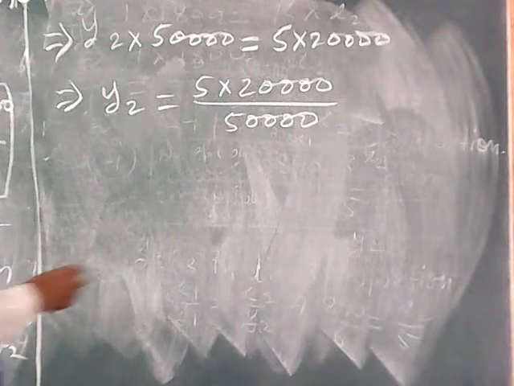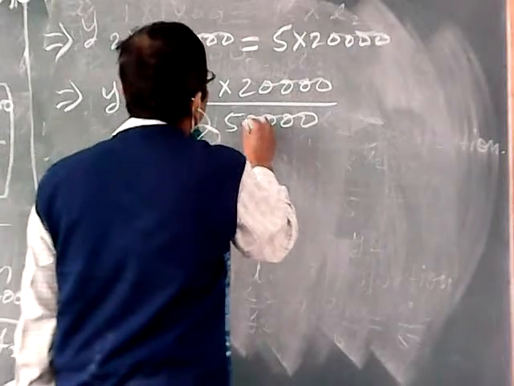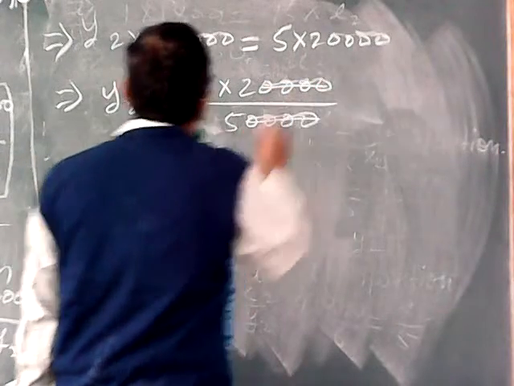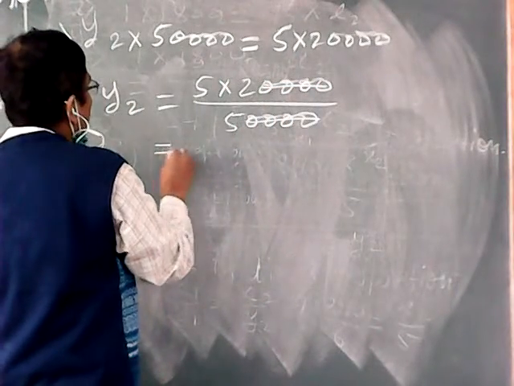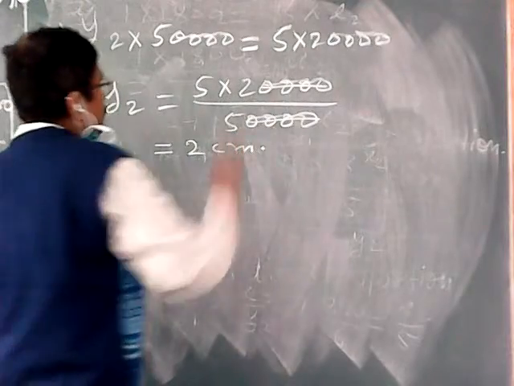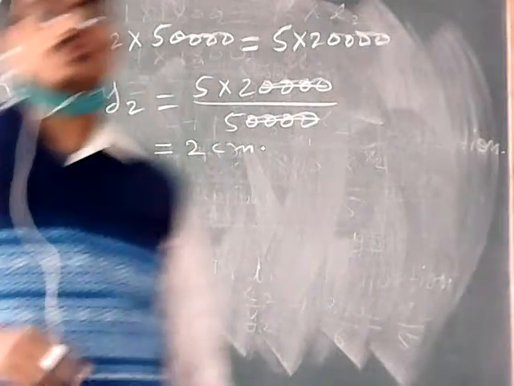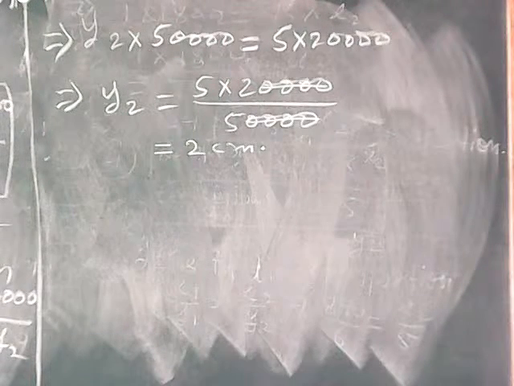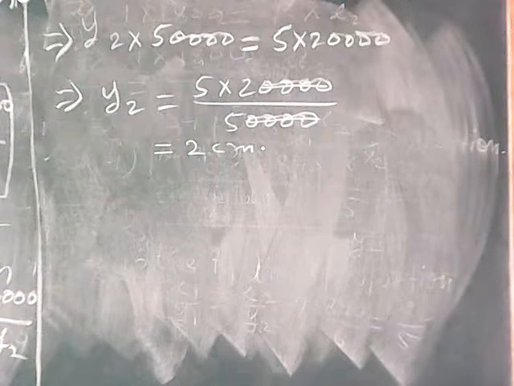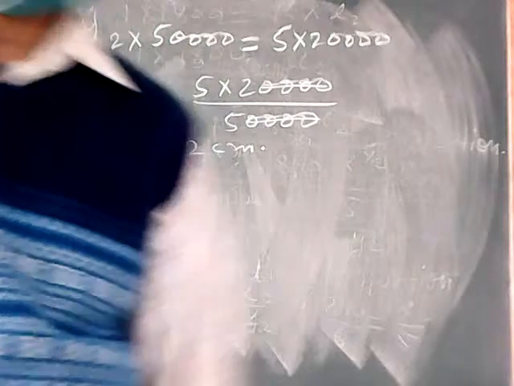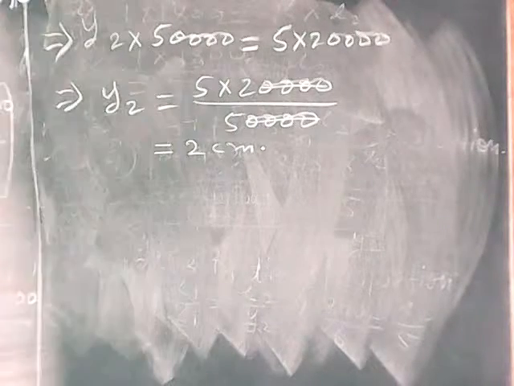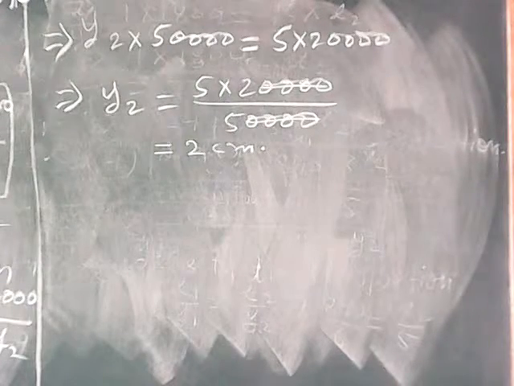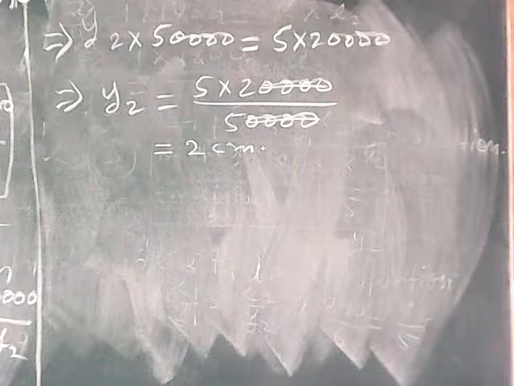When you cancel it, you will get 2 centimeters. So when the bacterium is zoomed or enlarged 20,000 times, we get a 2 centimeter image of the bacterium. So this is question number 5.